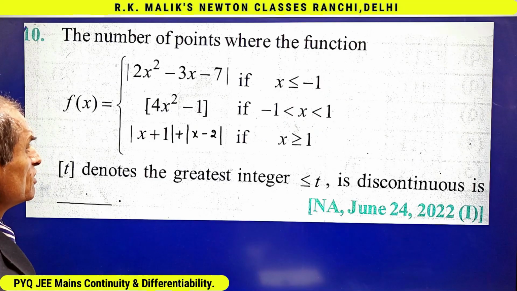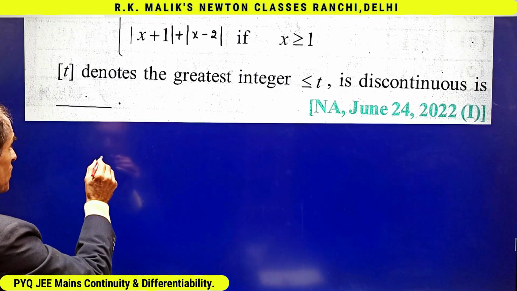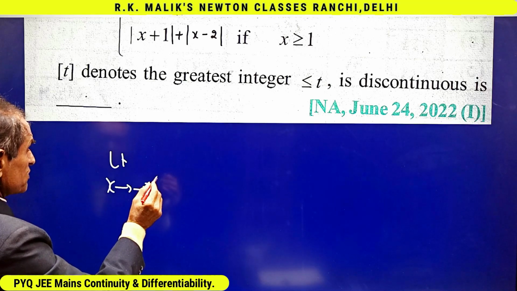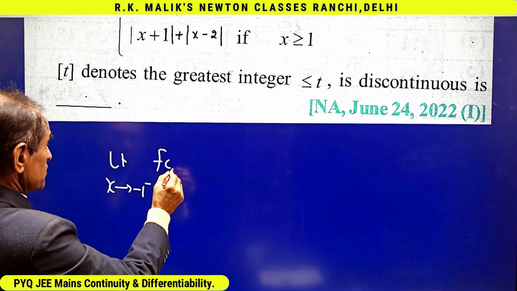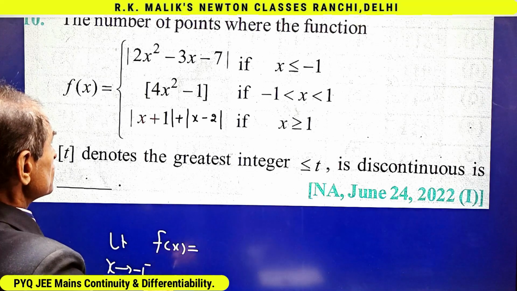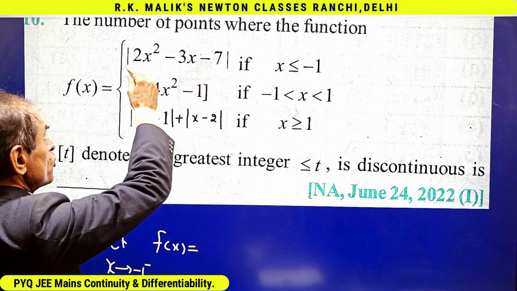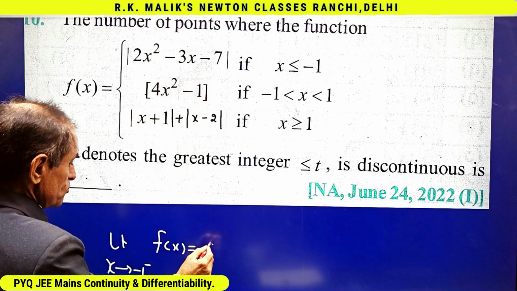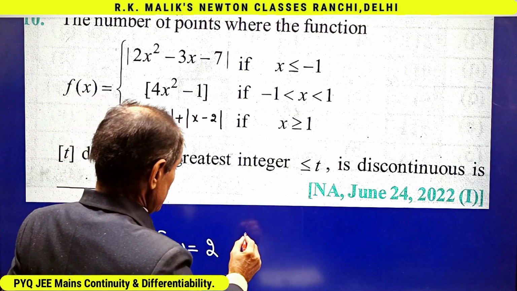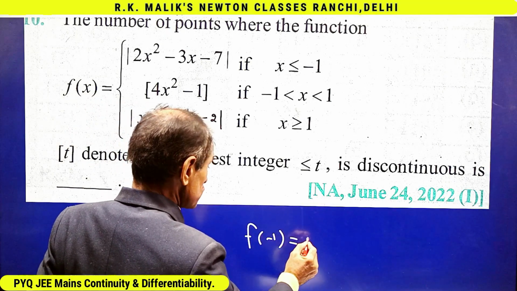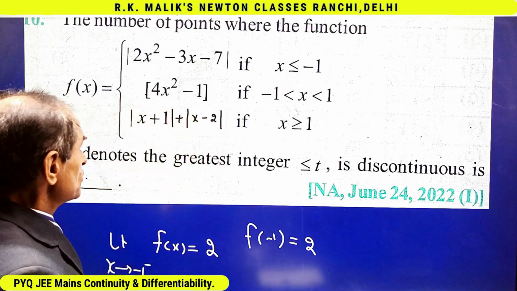And now first of all, let us discuss the continuity at minus 1. Limit x tends to minus 1 minus f(x). When x is tending to minus 1, this whole will be tending to 2, and the value of f(-1) is also 2.